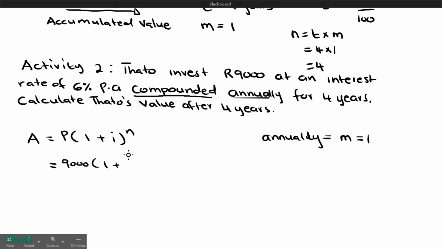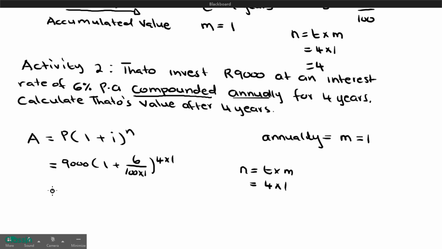So in place of I, we write 6 over 100 multiplied by 1, close bracket. Instead of N, we're going to write 4 multiplied by 1. Remember we said N is the same as T multiplied by M. Our period is 4 years. How many times in a year does your investment gain interest? Once, because it says annually.